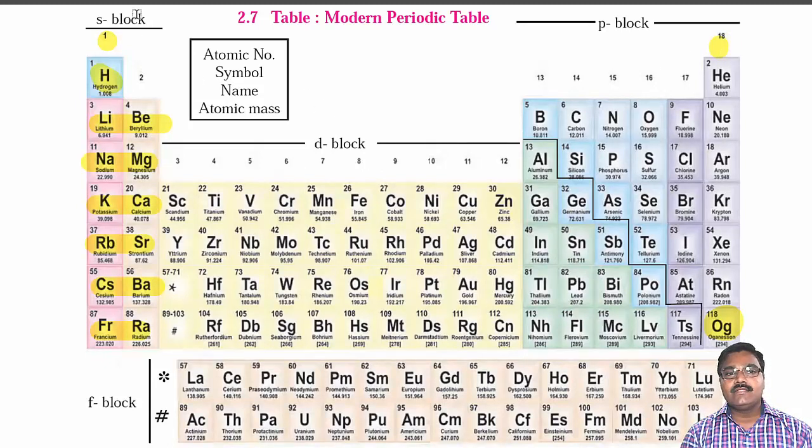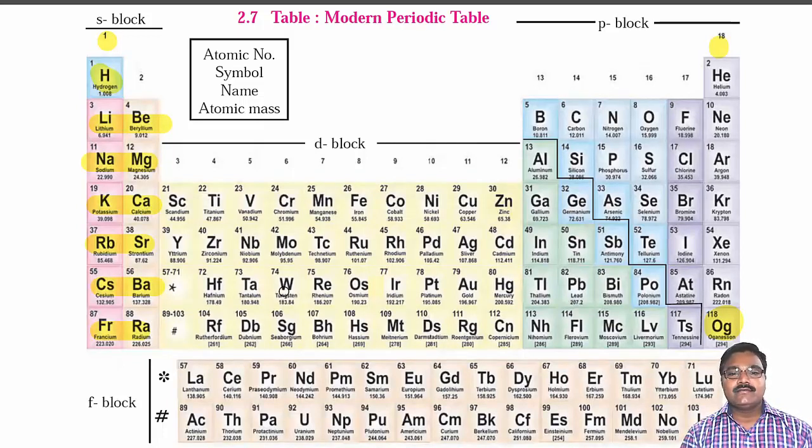These columns are known as groups. That means the modern periodic table consists of 7 periods and 18 groups.